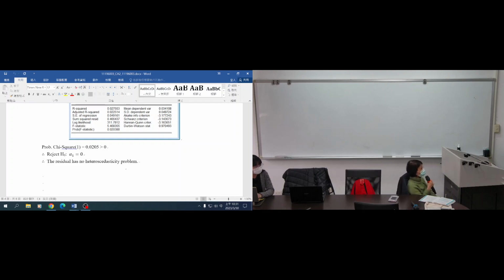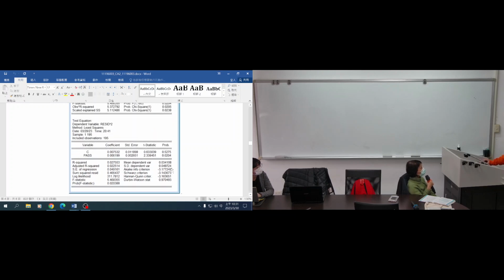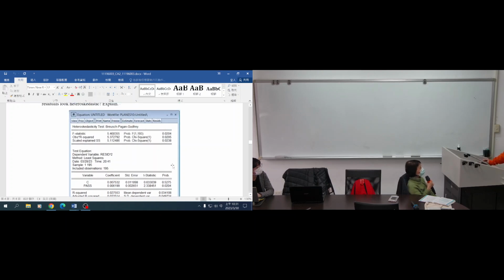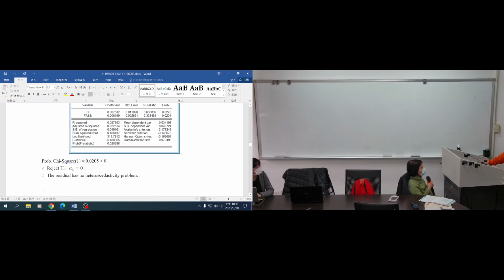No, the 0 in the null hypothesis means the coefficients, not p-values. So here we really have to be careful. If we use the p-value approach, always compare the p-value with the alpha level, so this is 0.05.